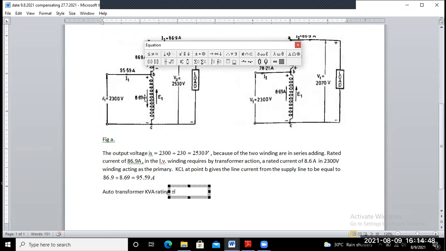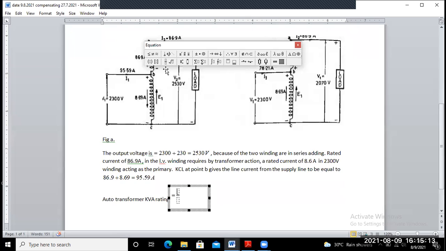So the current is taken from the supply side. Either you may take this side's voltage and current ampere rating, or the output terminal. Output terminal is nothing but voltage into current. kVA rating is nothing but voltage into current.